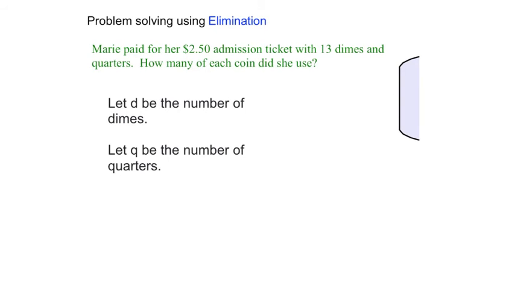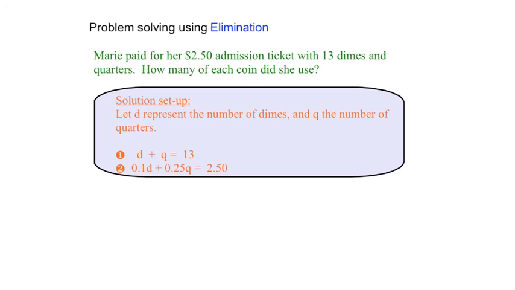So now that we have our variables, let's write down the equations for this problem. D is the number of dimes, Q is the number of quarters, and the problem says that we have 13 dimes and quarters. That means the number of dimes plus the number of quarters has to equal 13. That's where this first equation came from.